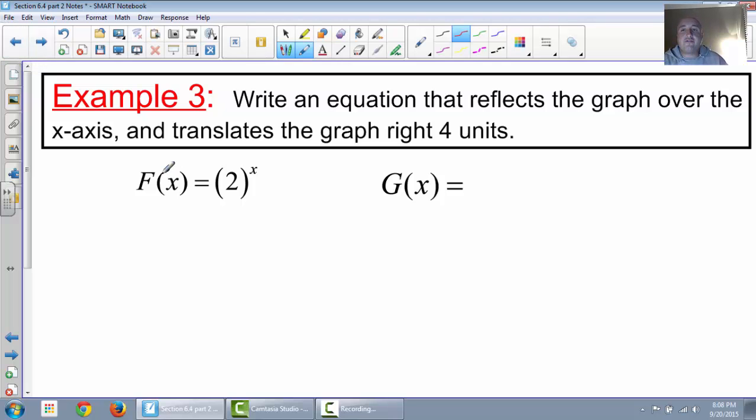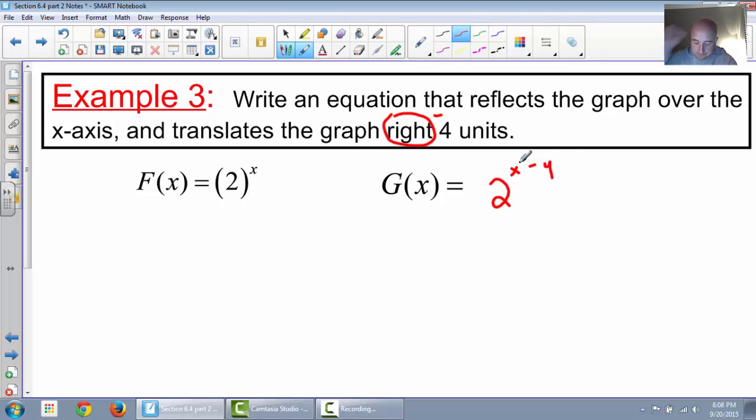All right. So example 3, it says write an equation that reflects the graph over the x-axis and translate the graph 4 units to the right. So I'm going to write the 2 part. And I know if I want to go right, we attach it to x, and it's actually going to be a negative. So in my exponent, I'm going to do minus 4. That tells me when it's attached to the x, that's right or left.